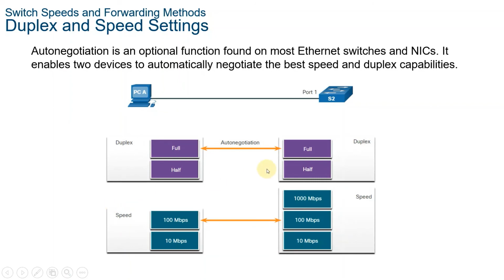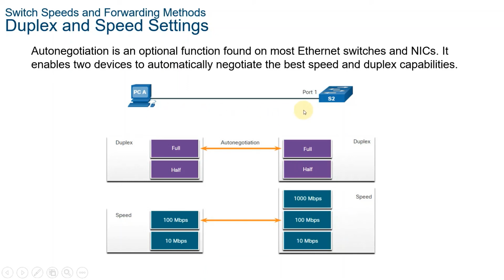In the figure here, the Ethernet NIC for PCA can operate in full duplex or half duplex in 10 Mbps or 100 Mbps. PCA is connected to switch 1 on port 1, which can operate in full duplex or half duplex and in 10 Mbps, 100 Mbps, or 1000 Mbps.